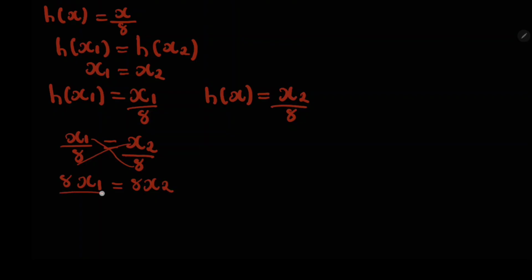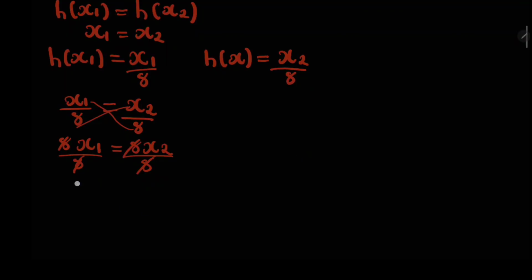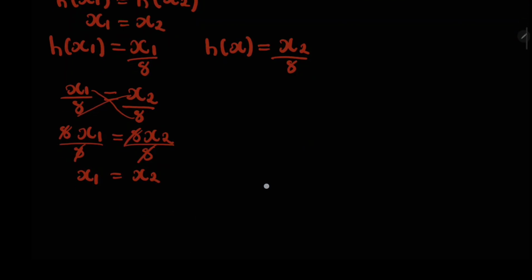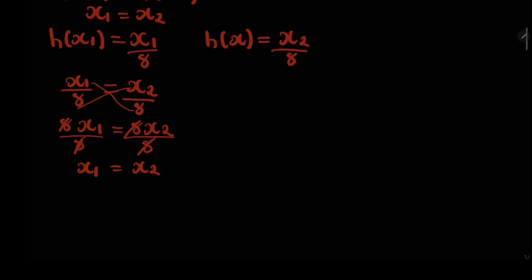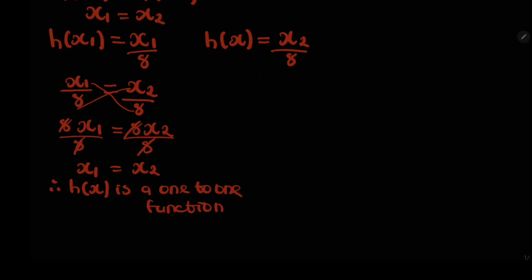So we can divide both sides by 8. And as we can see, the 8 will cancel out. So we are left with x1 equal to x2. So this is what we have ended up with. So we can conclude that our h of x is a one-to-one function.